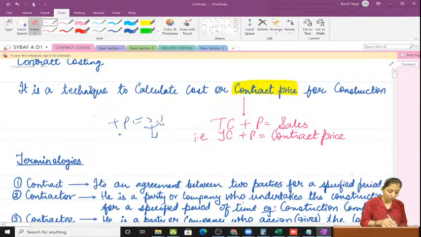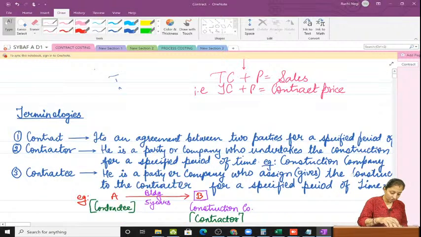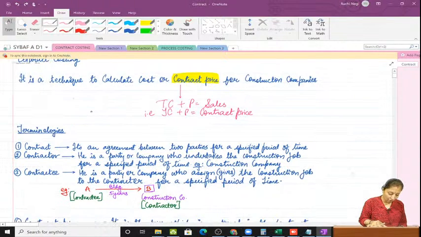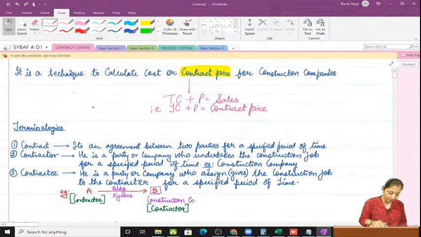So what's a contract? It's an agreement between two parties for a specified period of time.